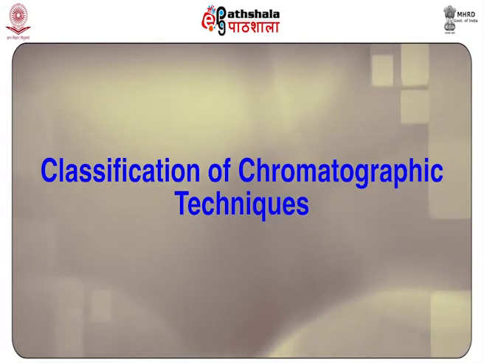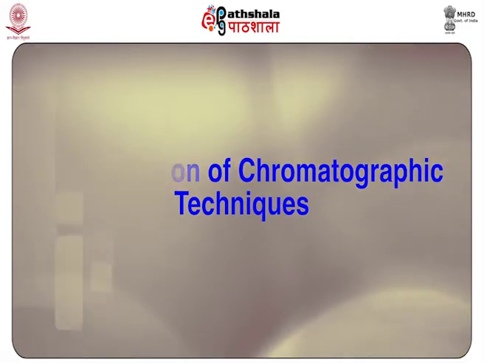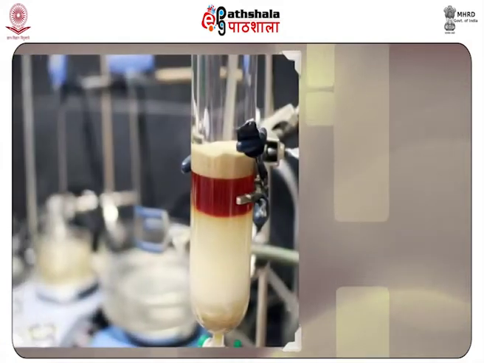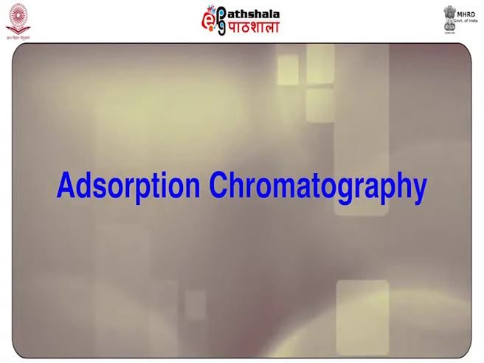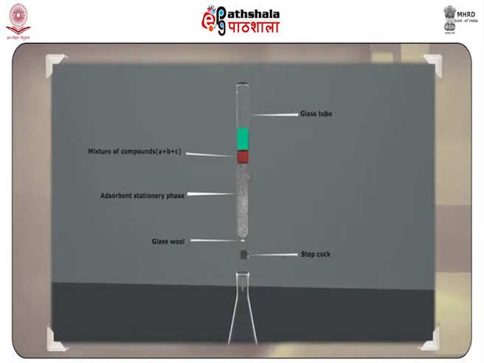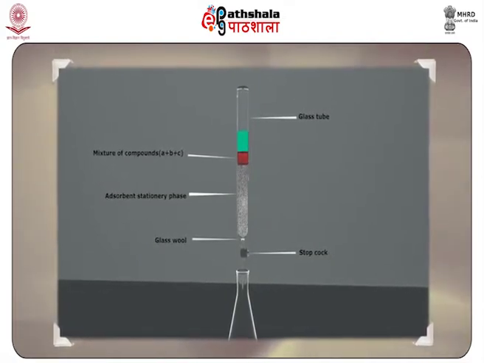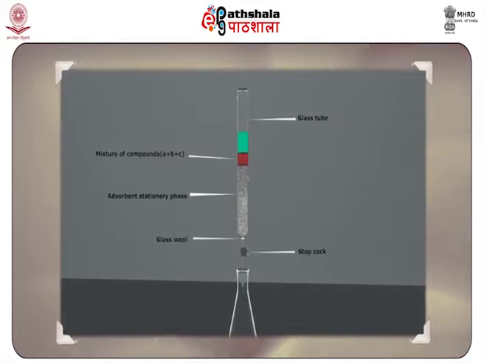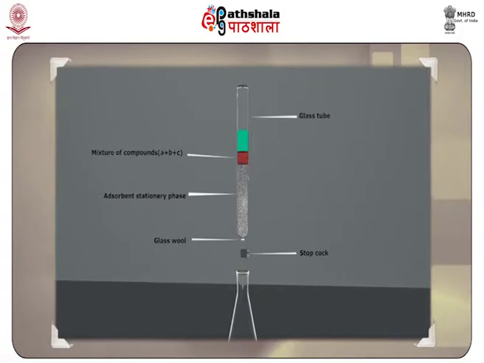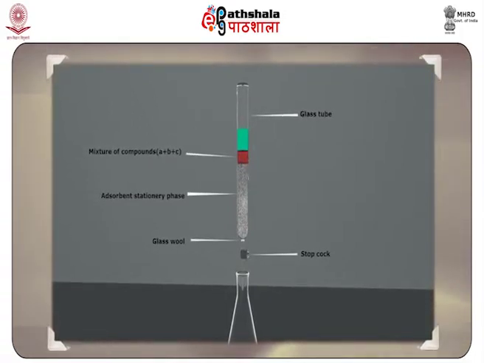Now, moving on to classification of chromatographic techniques. Based on the principle of separation, chromatographic techniques are chiefly classified into the following two categories. First is adsorption chromatography. In this technique, the different components of the sample get separated based on their differential affinities to adsorb onto the solid stationary phase in comparison to the mobile phase.